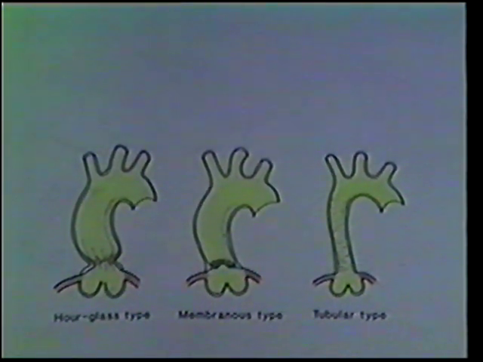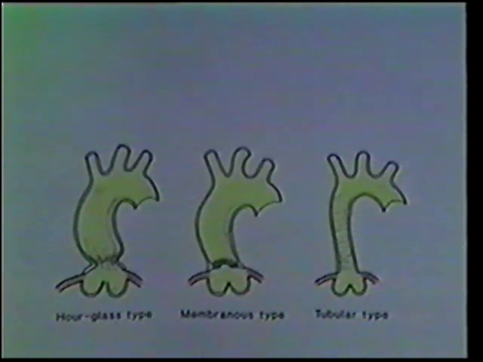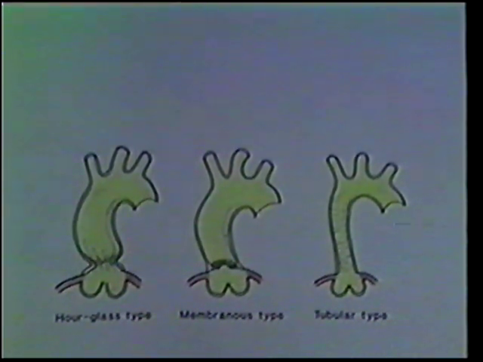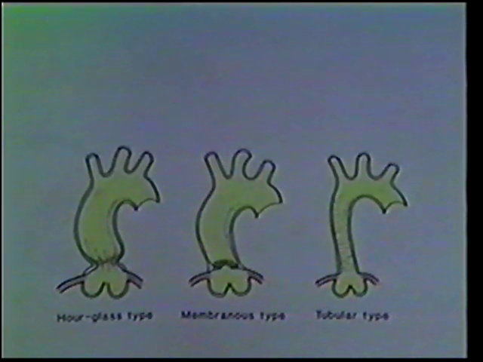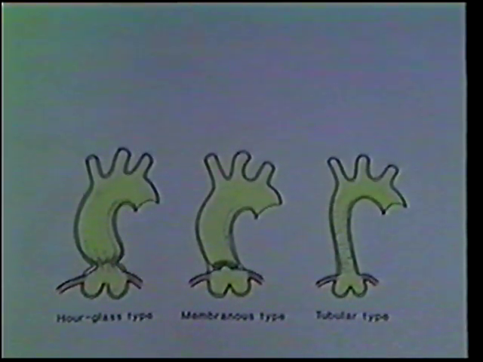So malformations of the outflow tract can be considered in terms of subvalvular obstructions, obstructions at the level of the valve, and finally obstructions distal to the arterial valve.